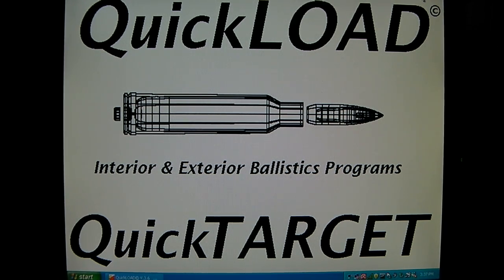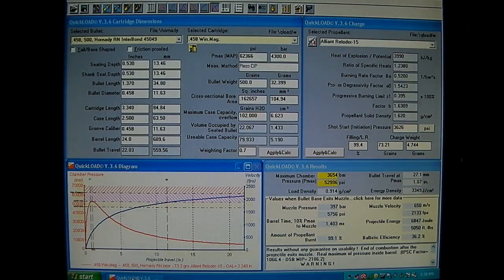This will be a short introduction into the use of the Quickload ballistics prediction software program. Quickload is a software program that allows the user to reasonably and with a degree of accuracy predict pressure and muzzle velocities of standard firearms using standard propellants and cartridges.